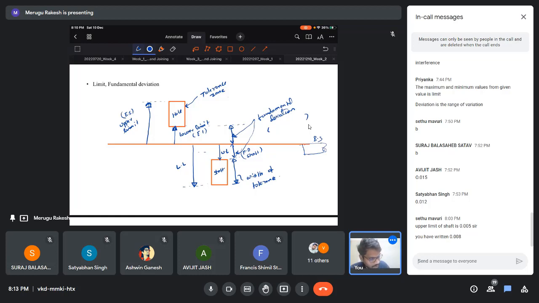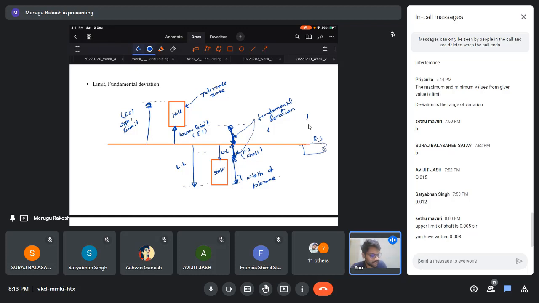As you see, this is the tolerance zone which was located this far. That is the fundamental deviation for the hole, and this is the fundamental deviation for the shaft. This is the lower limit and this is the upper limit, also called écart supérieur and écart inférieur, and the same will follow for the shaft.